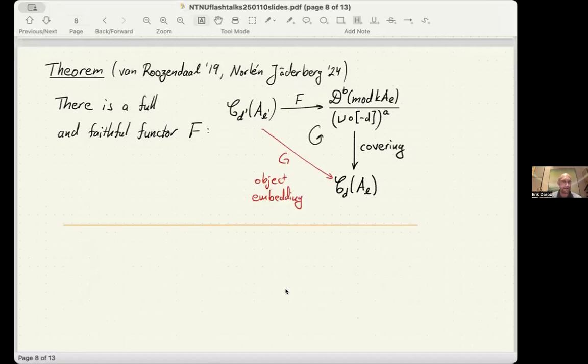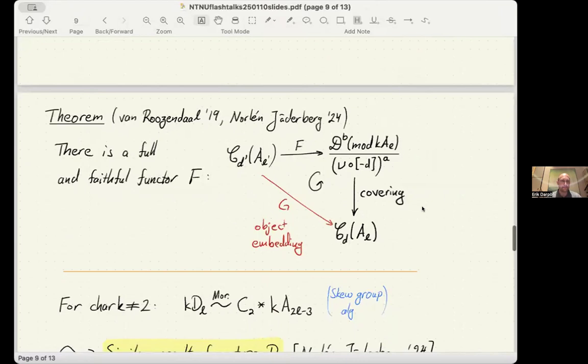So this is the result, that there exists a full and faithful functor from the d prime cluster category to this covering category. And if you compose this with the natural functor from here down to the cluster category, you get a functor which realizes the embedding of objects.